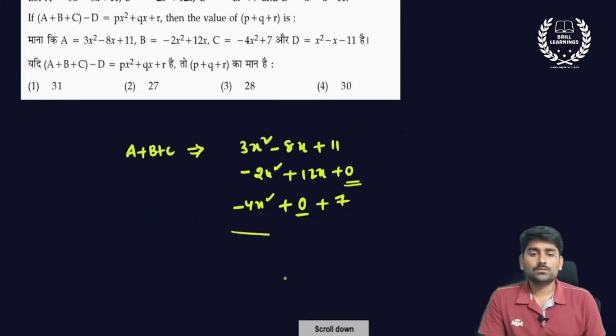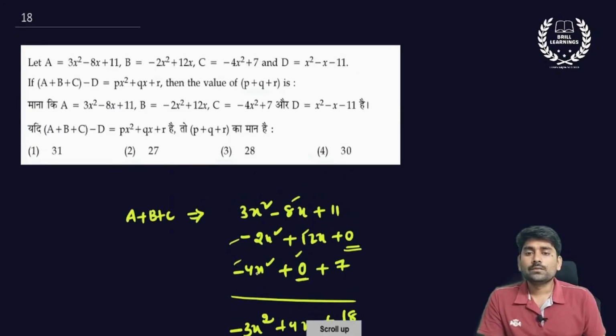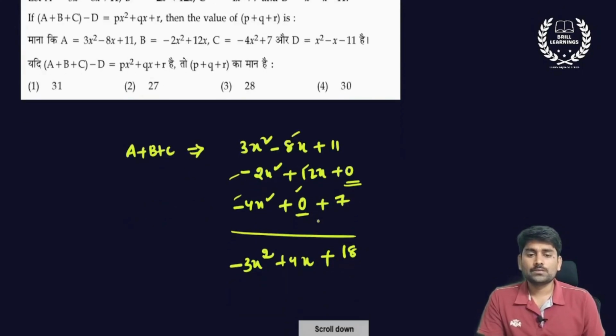Now add all these three. Here plus, here minus, means plus 4x minus 6x minus this 3, minus 3x square. Now deduct the value of d from this value. What is the value of d? x square minus x.